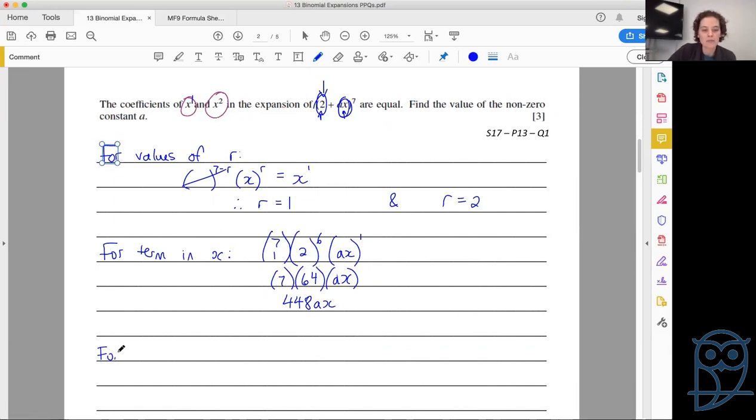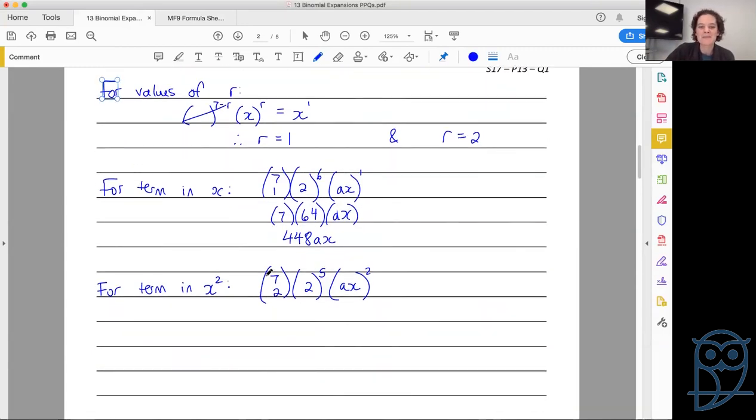So for the term in x squared, we want 7C2 now. 2 to the 7 minus 2 is 5. (ax) all squared. Don't forget your brackets, as they help make things go in the right place and make your exponents end up on the right things.